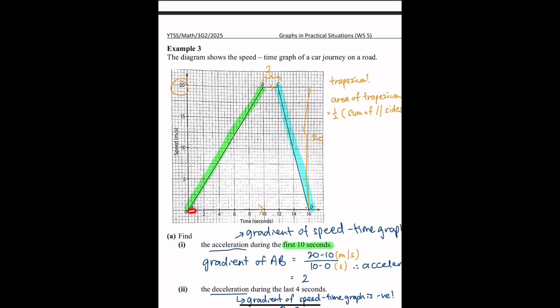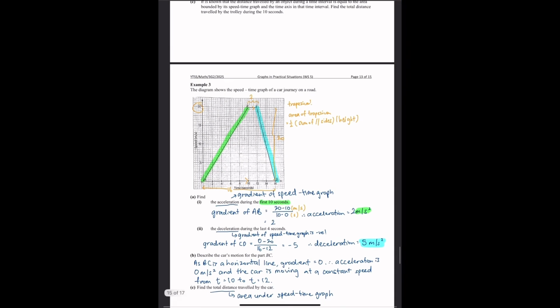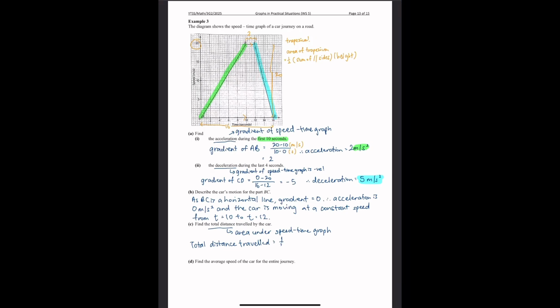And then my other parallel side is from 0 to 16. So this length AD here is 16. Let me write here 16. Okay. So to find part C, it will be half times sum of parallel sides, 2 plus 16, times your height, which is 20, and you should get 180 meters. So this is the answer for part C.